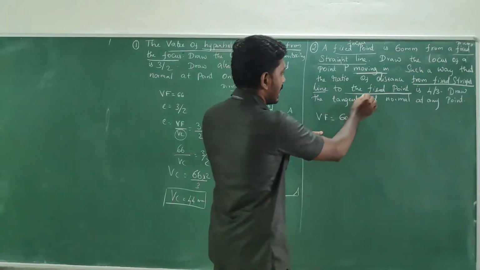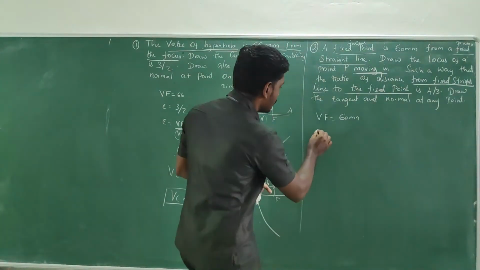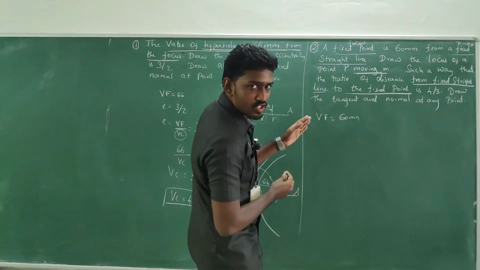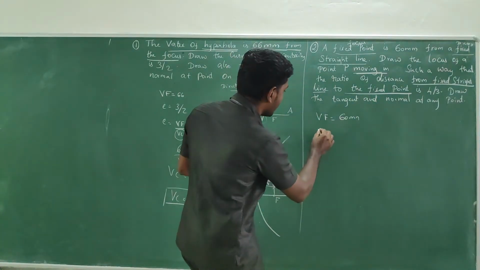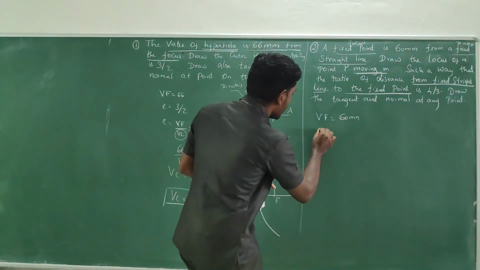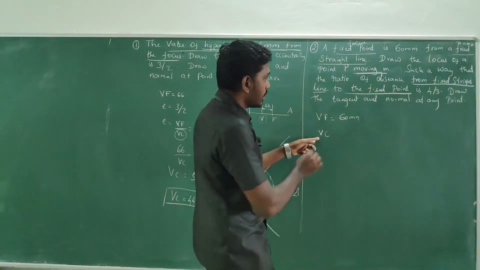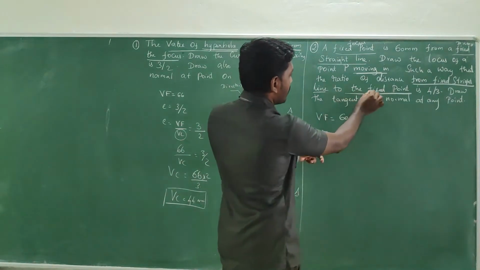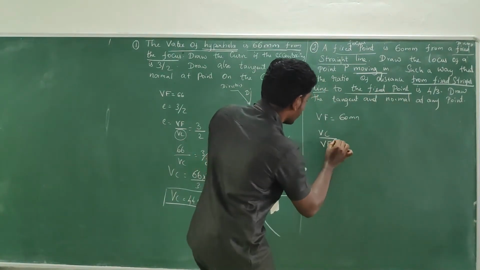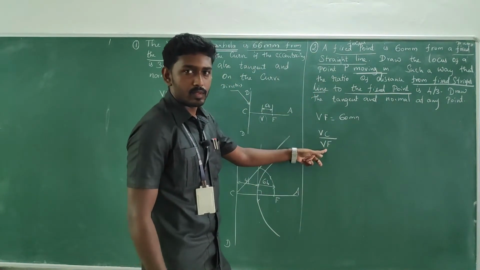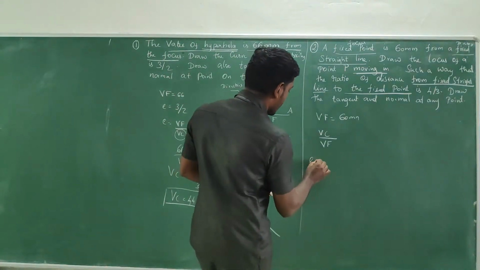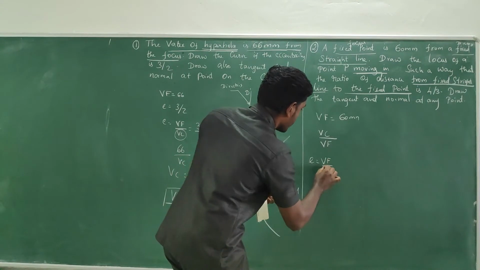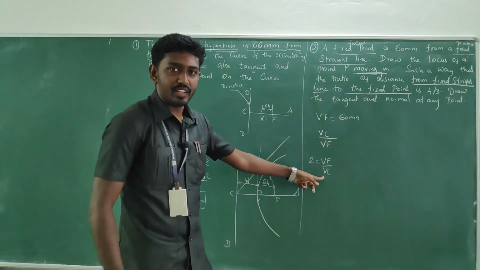That means they have given the distance of the moving point from the fixed straight line, in the sense the directrix, so VC, to the distance of the moving point from the fixed point, VF. What about our ratio, the eccentricity? It's VF divided by VC, right? VF divided by VC.